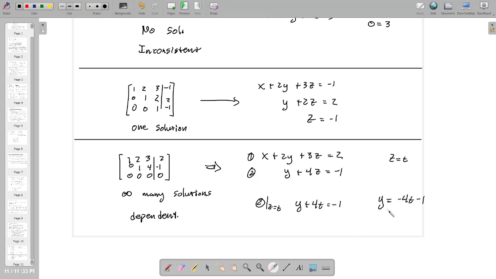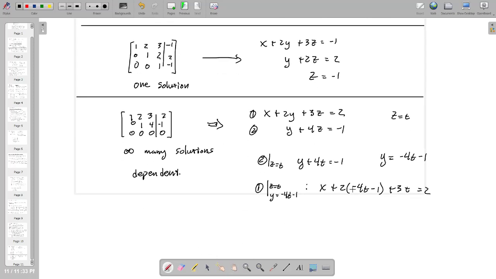Now, since I know what y is and z is in terms of t, I can figure out what x is. Equation 1, such that z is equal to t and y is equal to negative 4t minus 1. So I end up with x plus 2 times negative 4t minus 1 plus 3 times t is equal to 2.